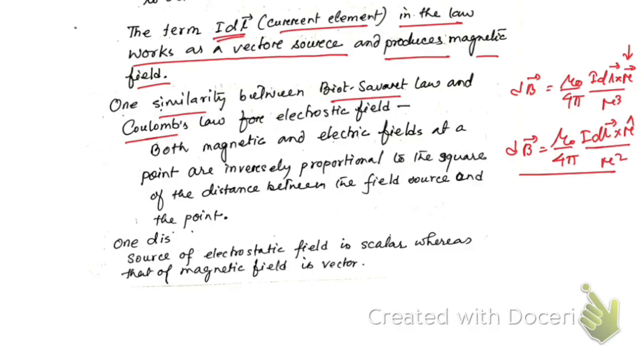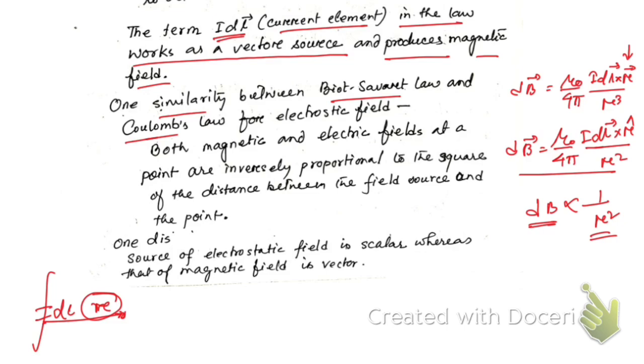Now from here you see this dB is inversely proportional to r square. So that means the distance from this length element dl to the point where we are interested to find the magnetic field, this magnetic field is inversely proportional to square of that distance.